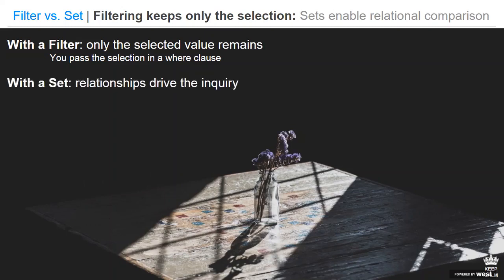Whereas with a set, all of the records remain available to me in the view to work with, and now I can use that set to drive the inquiry with the relationships between the members who are in the set and between the members who are not in the set. And so I can use those sets in the view. I can use the set from one dimension inside of the set for another dimension, which is really powerful.